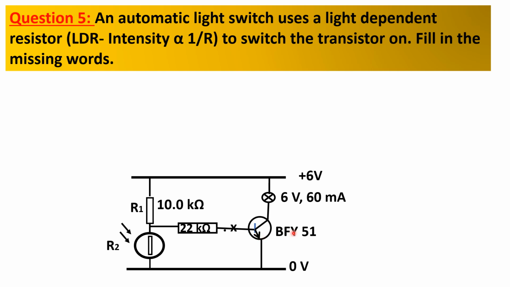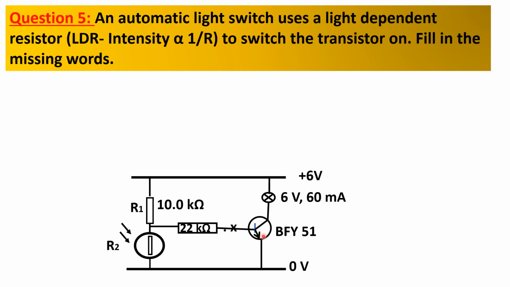BFY51 is the most commonly used type, a bipolar transistor made of silicon. As shown by the symbol, it is an NPN transistor, whose collector is connected to the positive terminal of a battery, passing through a load. The load is a lamp whose capacity is 6 volts or 60 milliamperes.